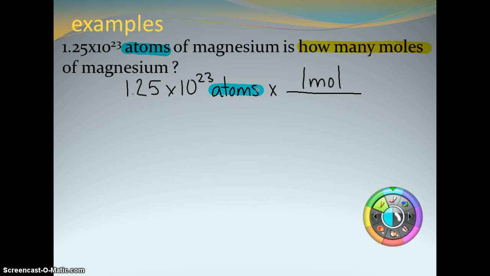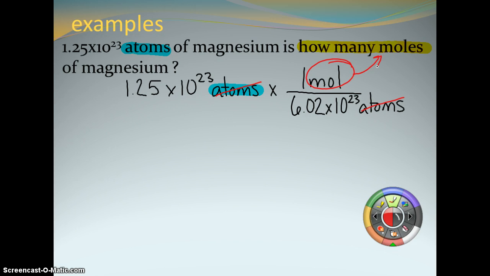So we need to put atoms in the denominator, and that's going to be Avogadro's number, 6.02 times 10 to the 23rd atoms. You can see that our atoms units are over top of each other, so they're going to cancel out. We are left with mole, which is what we are looking for.